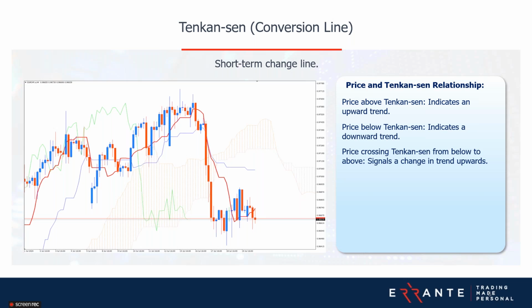Unlike the simple moving average, which relies on the closing price alone, Tenkan-sen uses the range of high and low prices, and this makes Tenkan-sen more responsive to market volatility and better at pinpointing support and resistance levels. That's why when you have Ichimoku Kinko Hyo on your chart, it's not really necessary to use simple or exponential moving averages. It's better to keep it really simple and as it is.